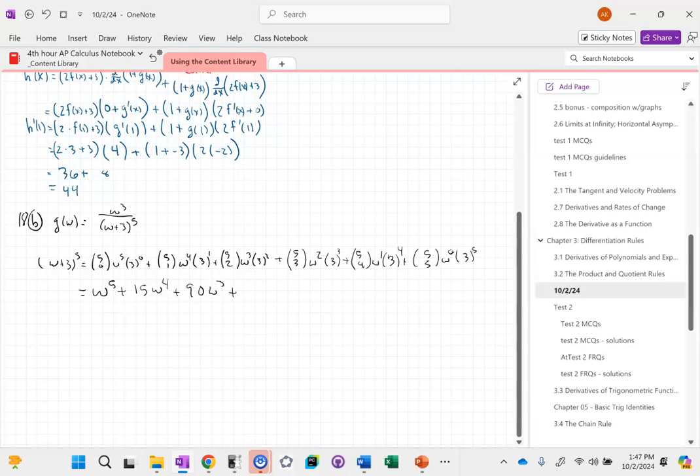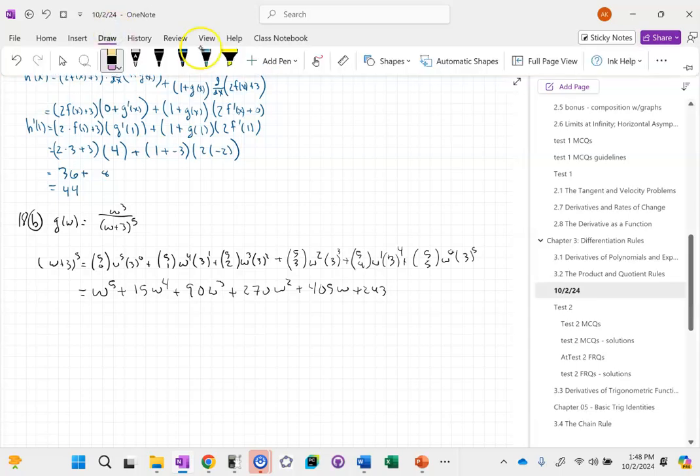And then 5 choose 3 is also 10, and times 3 squared is 270. 5 choose 4 is 5, and times 3 to the 4th, 5 times 81 is 405. And then 5 choose 5 is 1, and 3 to the 5th is 243. So that's what I'm really going to be doing. Does that feel okay there?